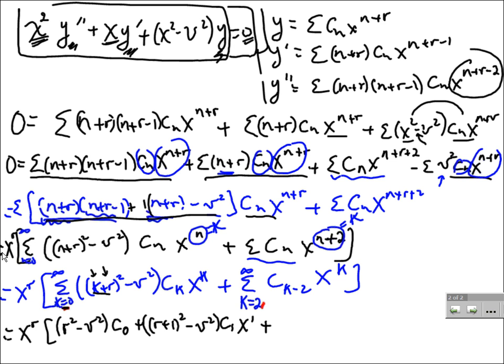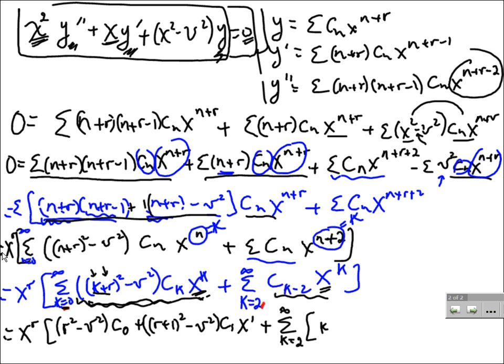Plus, now this we have to add up from 2 to infinity, and over here we're adding up from 2 to infinity. So I can write it down as one summation from 2 to infinity, and notice they both have x to the k.